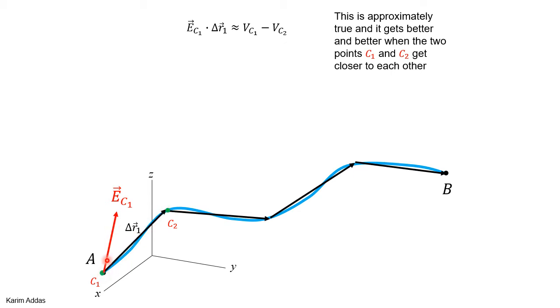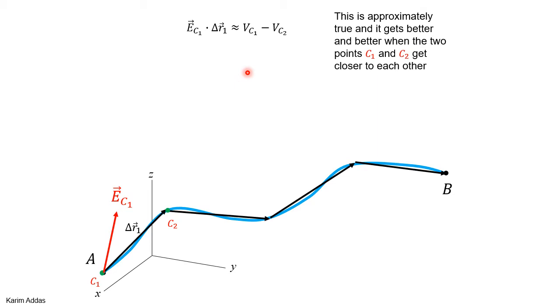If you know the electric field at point C1, and you know the displacement vector between here and here, delta R1, then the potential at C1 minus the potential at C2 is just the dot product. We know this is true when delta R is very small, infinitesimal. So that's why we put approximate here, because we chose a large distance. This is just for this illustration.